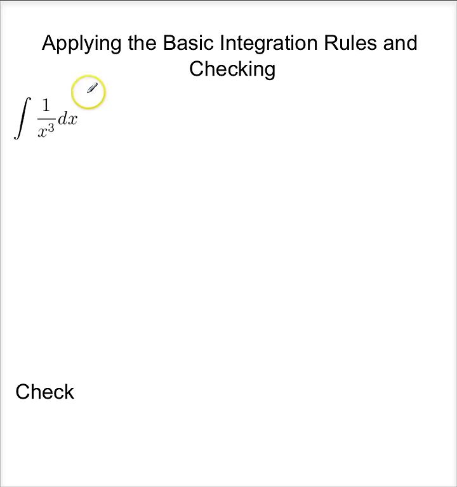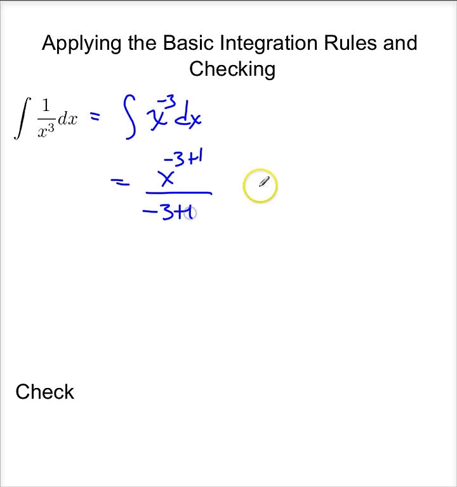Now, sometimes you're going to want to rewrite these. So let me write this as the integral of x to the negative 3 dx. So when I do this integration, it's x to the negative 3 plus 1 divided by negative 3 plus 1 plus c. And until you're comfortable doing these, please write out all these steps. So this is x to the negative 2 divided by negative 2 plus c.